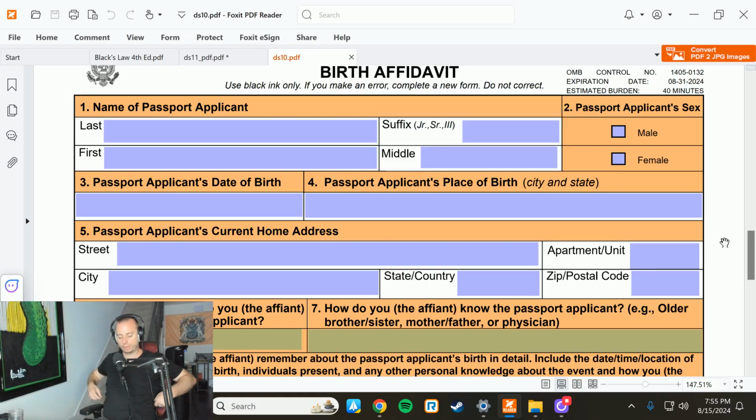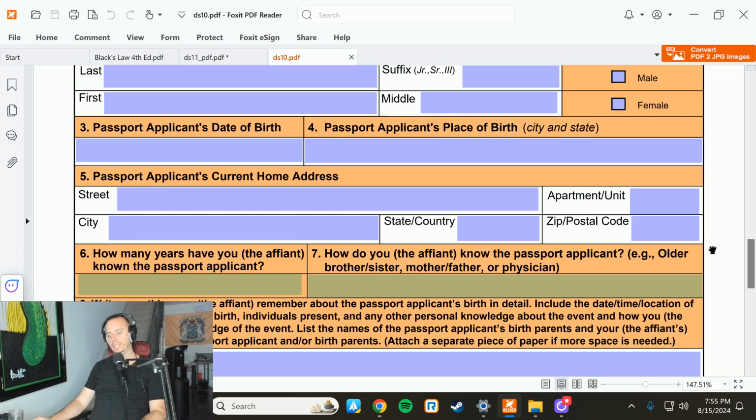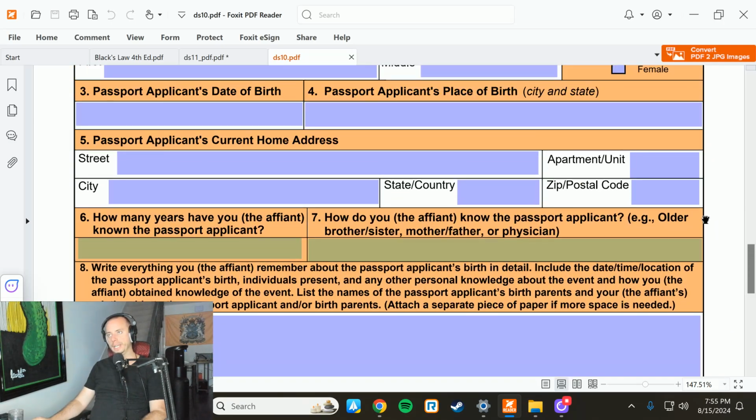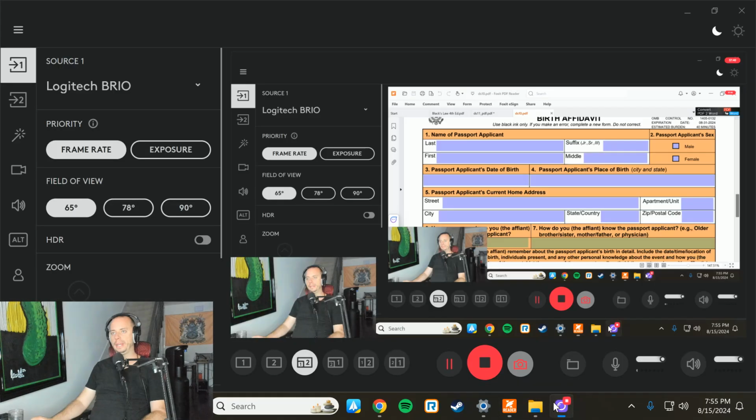Especially if you're going to start using that right-hand side, the outside of the United States, you should be using these, the DS10, the birth affidavit. This is all people used back in the day, like 100 years ago. They just said, yeah, this guy was born on this date, and I attest that it's true, and they signed it, and that was it. That was the birth certificate. Then it became this dark horse thing.